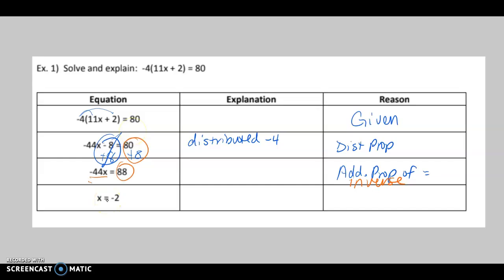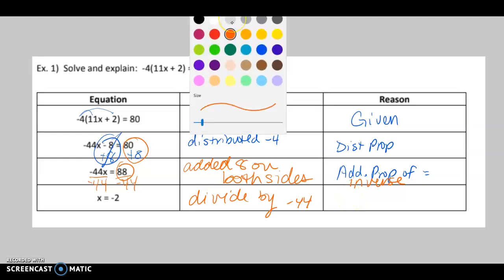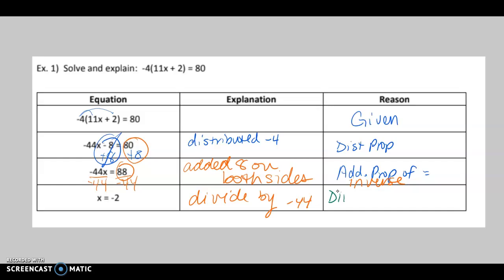And then here we can divide both sides by -44. Oh no, just kidding, that's division. Subtraction, silly. Divide by -44. So we divided, so we're using the division property of equality.